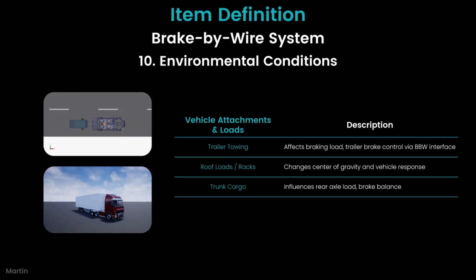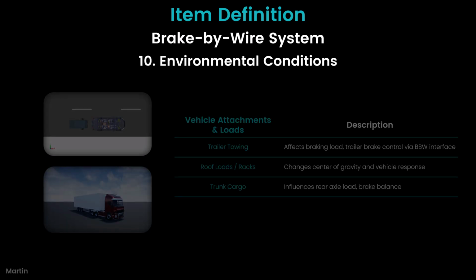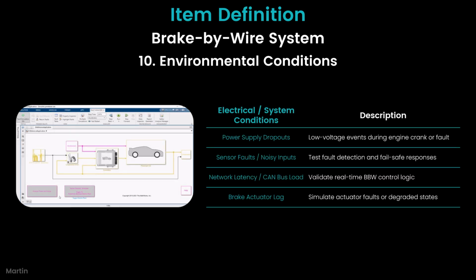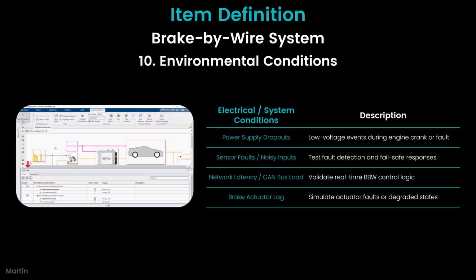What's more, the presence of vehicle attachments and variations in load conditions must be considered to ensure comprehensive system evaluation. Last but not least, electrical and system conditions, such as power supply dropouts, sensor faults, and network latency, should also be taken into consideration to ensure robust system performance and safety.